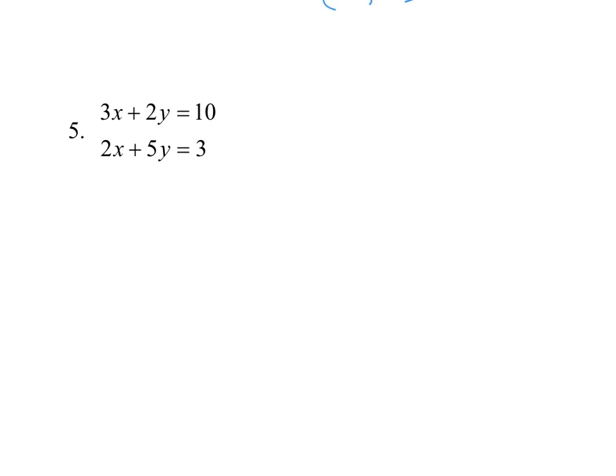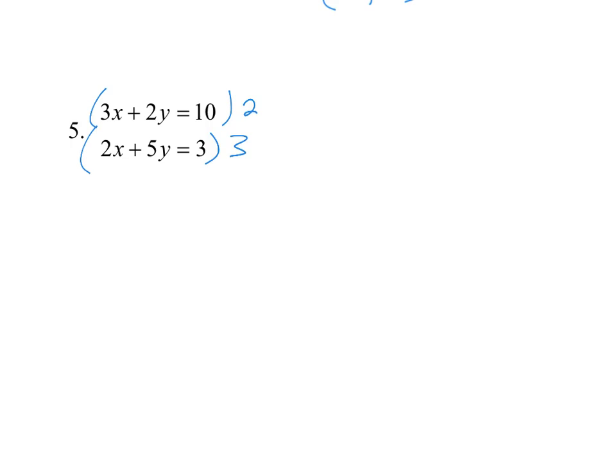And number 5. Well, neither of those are going to be pretty, but we're going to just have to do it. So let's get rid of the x. No, yep, might as well. All right, we're going to multiply this by 2 and this by 3, because those are the two coefficients of the x's.